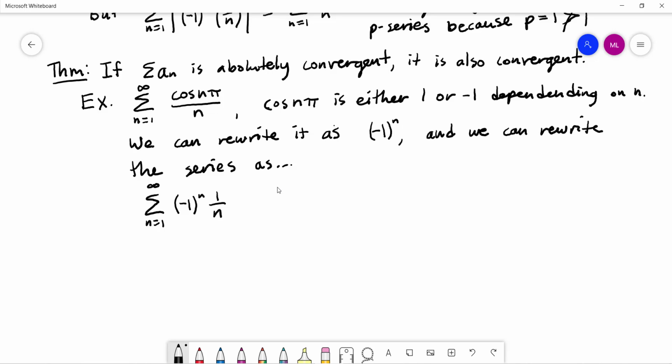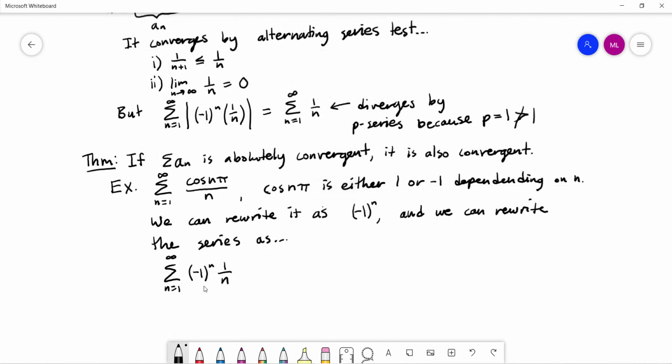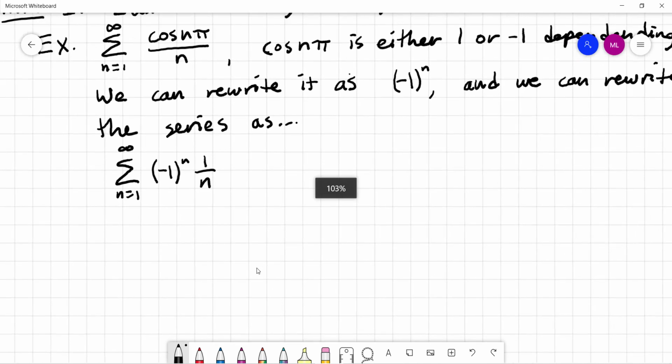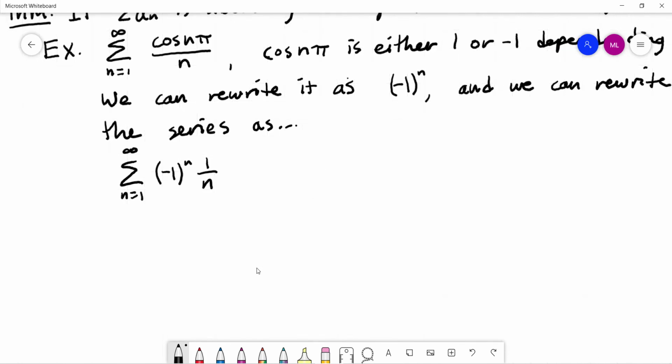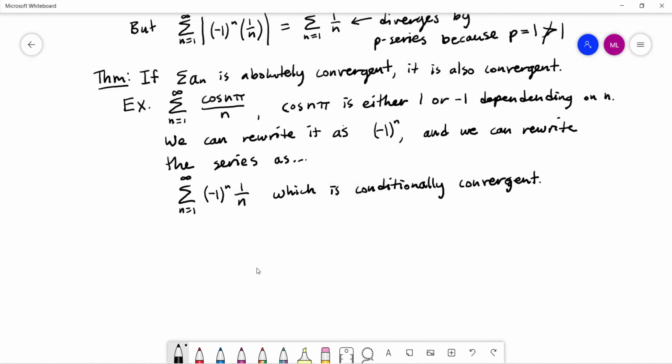And so this is the exact one that we just looked at a minute ago. This thing is only conditionally convergent. It is not absolutely convergent. So this thing is conditionally convergent. Okay, so there's one example.